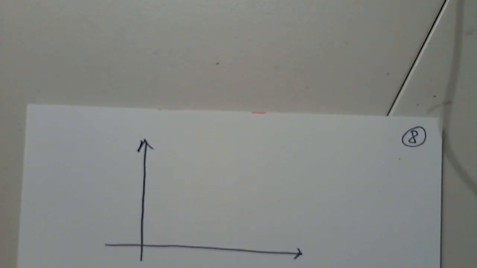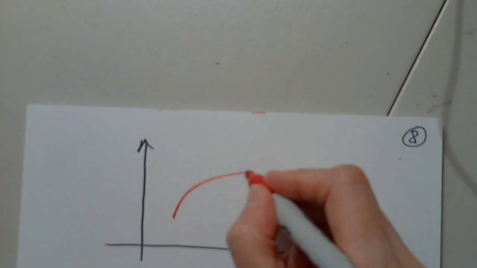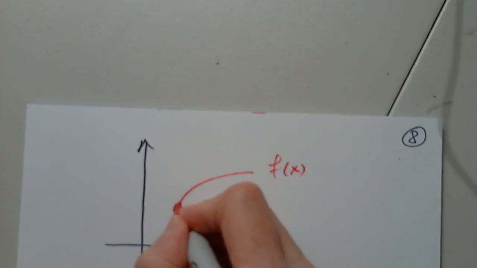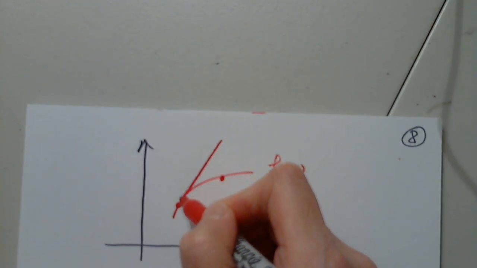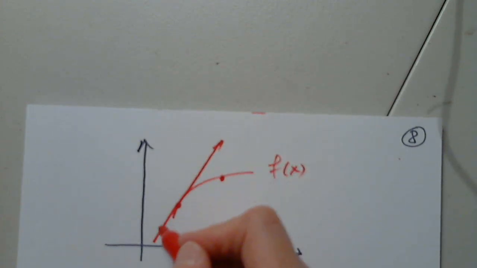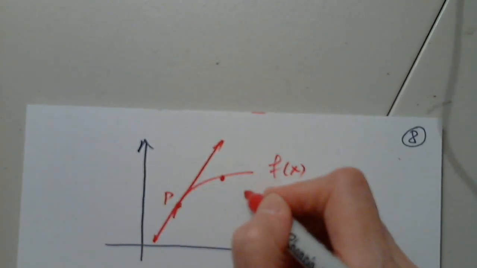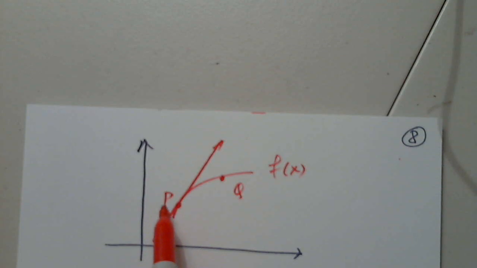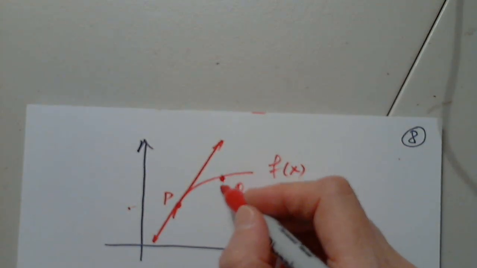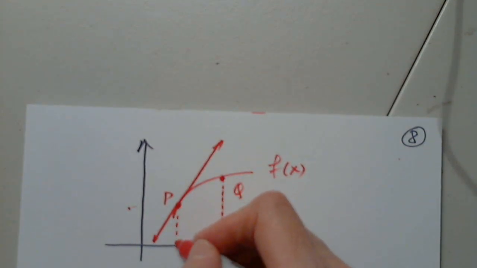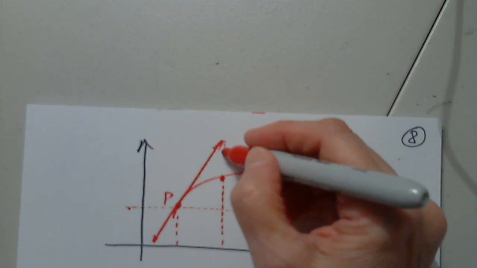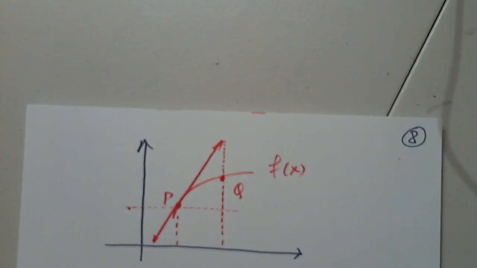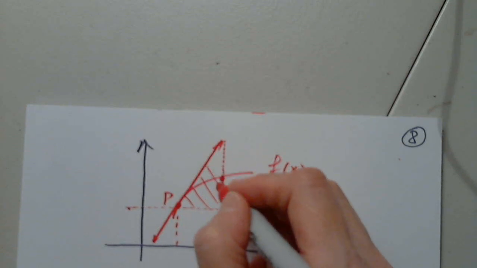For the next step, I have the function, I have point P, I have point Q, I have the tangent, and now I want to draw a horizontal line through P and also extend and create a right triangle here.